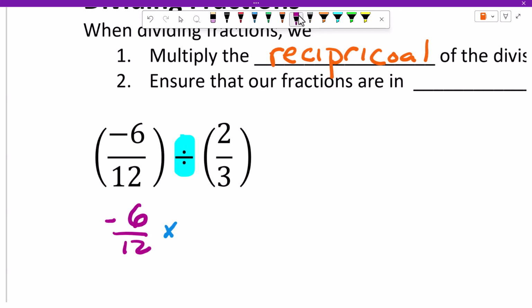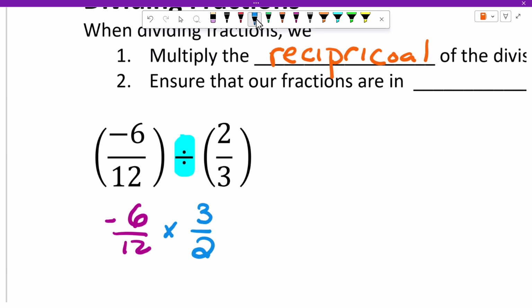We turn that division sign into a multiplication sign, and we flip that second fraction, which means turn it into a reciprocal. All right. Once it's like this, we just do the first page. Compare tops and bottoms and see if you can make it smaller. Squish them, squash them like Mr. Purcell does, walking around all day.